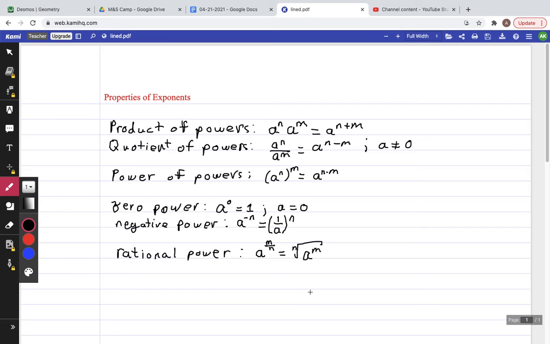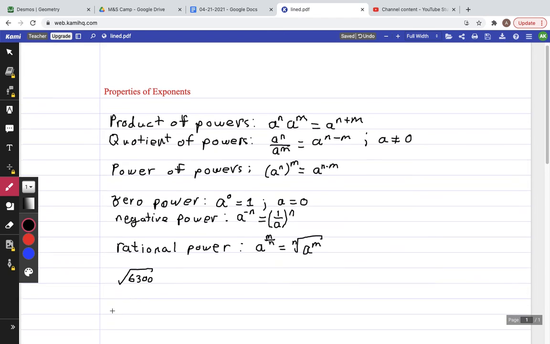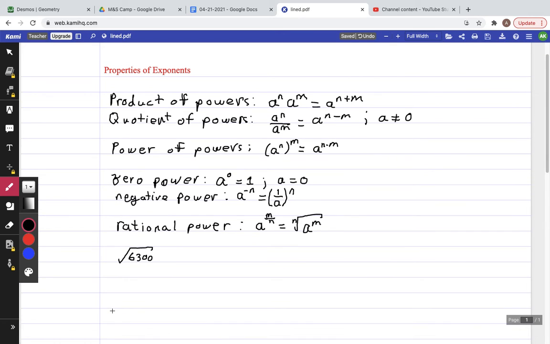Let's say that we want to know what is the square root of 6,300, and we want this radical to be simplified, so we don't want an approximate answer. We want an exact answer.